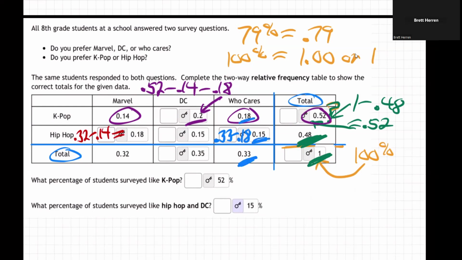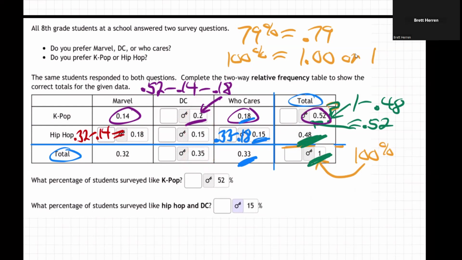So that comes out 0.15. And then once you've got that, it's like a puzzle. Now you've got almost this whole row, right? You get the 0.18, get the 0.15, you get the total. You can get this one by subtraction. And then finally, you can get this one by just adding these up to get that one.